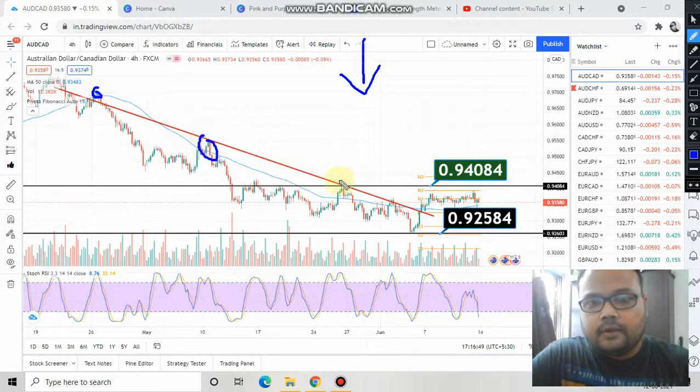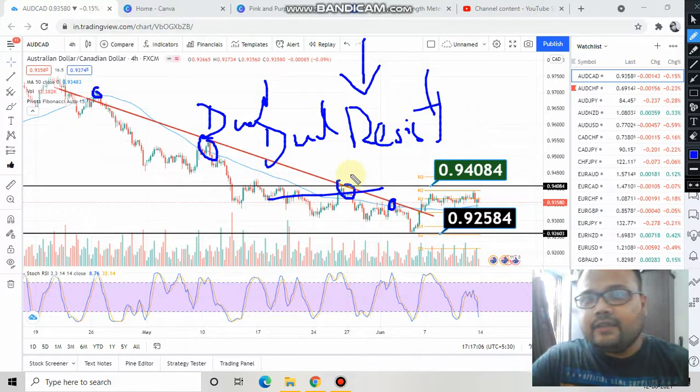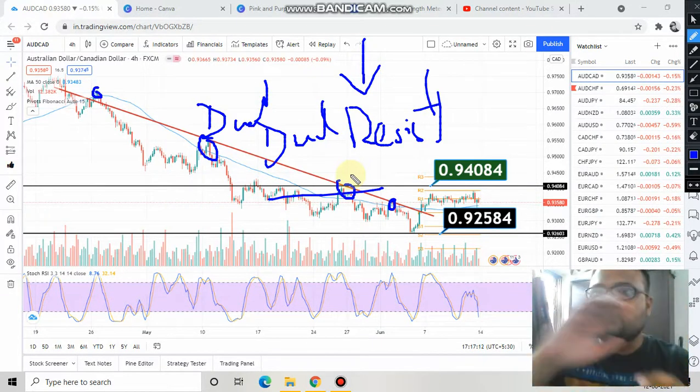Apart from the 50 moving average, we can also draw a trend line. Market had dual resistance, 50 moving average and the trend line. So whenever market was going up, it was getting resistance from above and market was reversing.